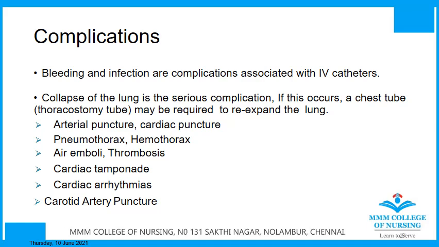Arterial puncture, cardiac puncture may happen when you put in the catheter. Pneumothorax, hemothorax, air emboli, thrombosis, cardiac tamponade, cardiac arrhythmias, and carotid artery puncture. These are the main complications which are associated with central venous catheter.